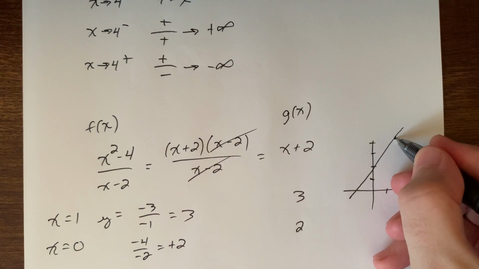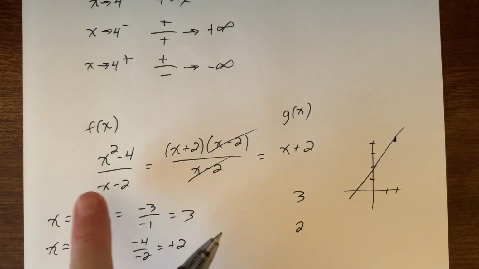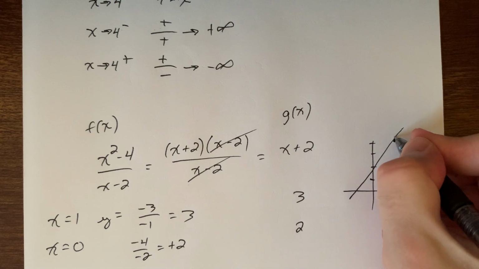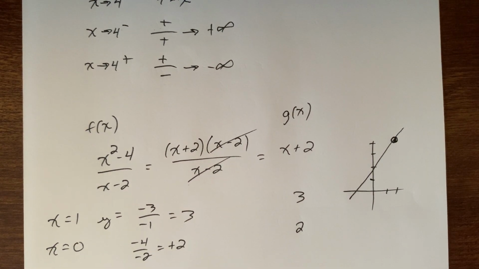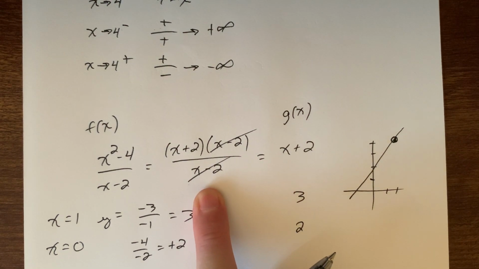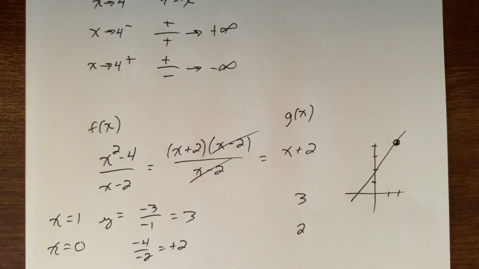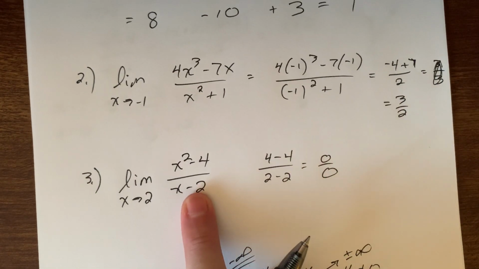The graph is coming together and has a y value of 4. And what's the graph look like here? It's the same picture, except this would be an open circle instead of being a filled in point on the graph. So again, algebraically, if you can do this, the functions are technically different, but their limits will be the same. So now we can come back and jump to number 3.